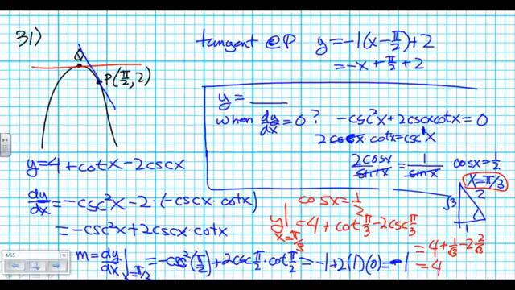I've got 1 over root 3, and I'm subtracting off 4 of them, 2 times 2. So 4 minus 3 over root 3, or 4 minus 3 root 3 over 3. Those 3's cancel. How about 4 minus root 3? 4 minus root 3.